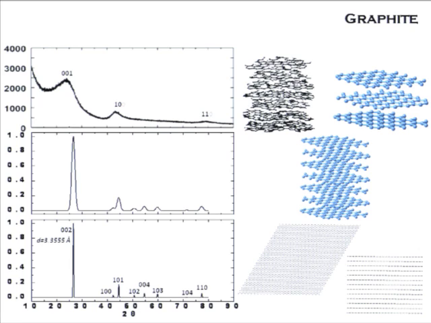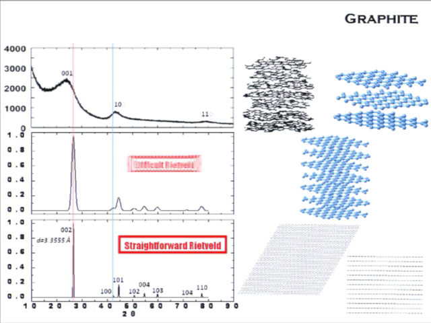And this is how the peak positions are shifted. I will talk about this a little bit later. And if we try the Rietveld method, for this pattern obviously Rietveld refinement will be straightforward. For this one, well, difficult may be too strong a word.